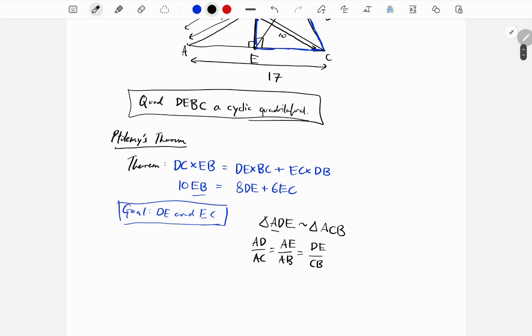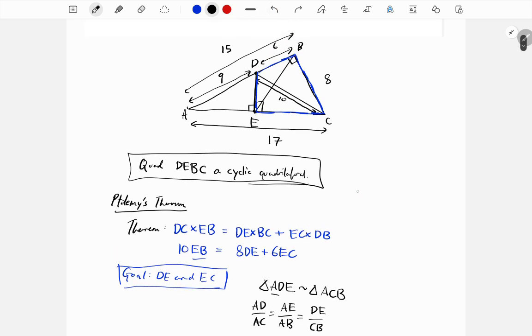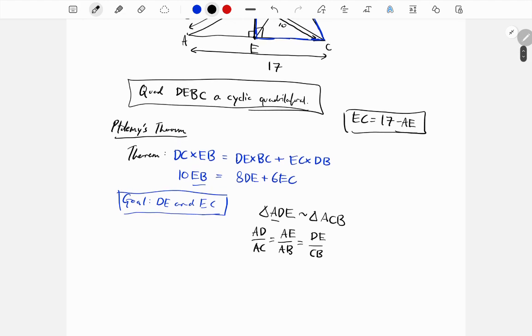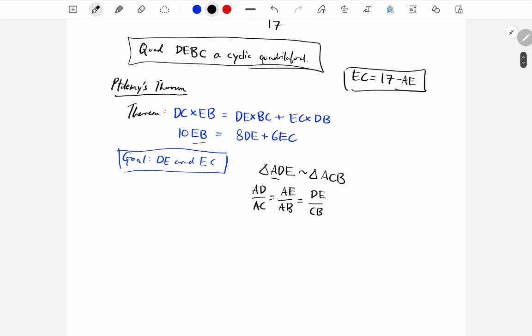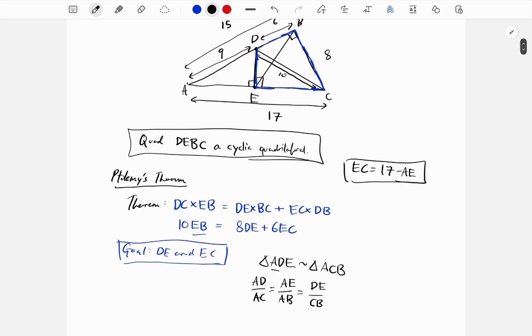Notice that we don't have an EC, we have a DE, but EC can just be found because EC is just going to be equal to AC minus AE, which is 17 minus AE. Okay? Let's go ahead and find DE first. So AD, as I know, is 9, and AC is 17.